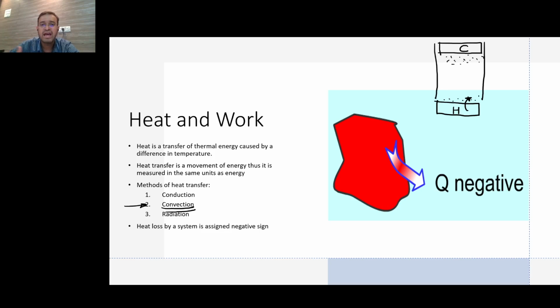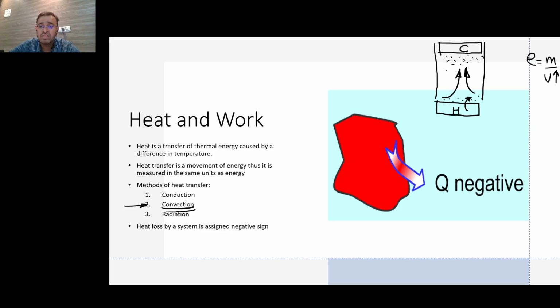Density is nothing but mass divided by volume. So as soon as they expand, the mass remains the same, but the volume starts increasing, so its density reduces, and this causes the hot gases to rise.